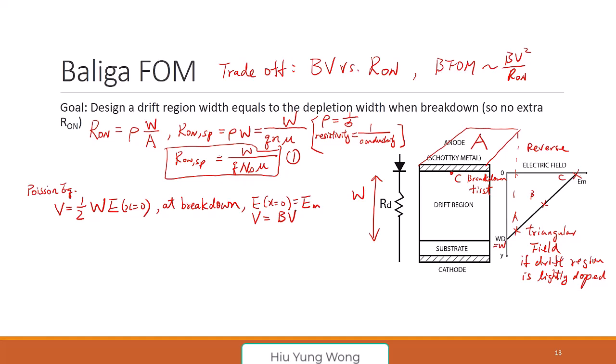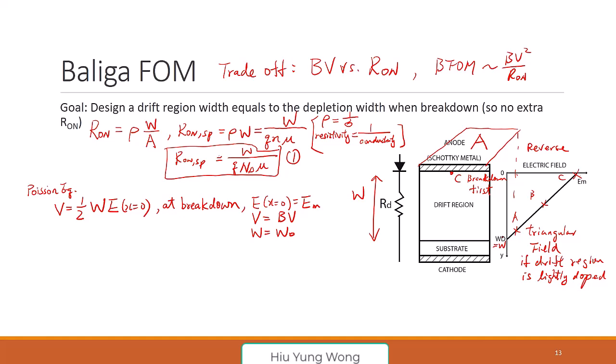And one more thing we have is W equal to WD. That is, you just extend the depletion width to reach here. Because you can make the drift region even larger, but then you waste that area. So you want to design a drift region such that W equals WD.